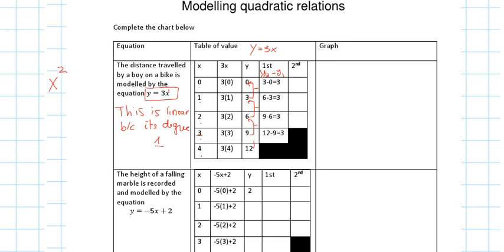What does that give you? 3. Now, if you look at all the first differences, what do you notice? They're all the same. It's constant. This is a feature of linear functions. Linear functions will always have a constant first difference. It doesn't have to be 3, but in this case it's 3. As long as the first difference is constant, we know it's linear.